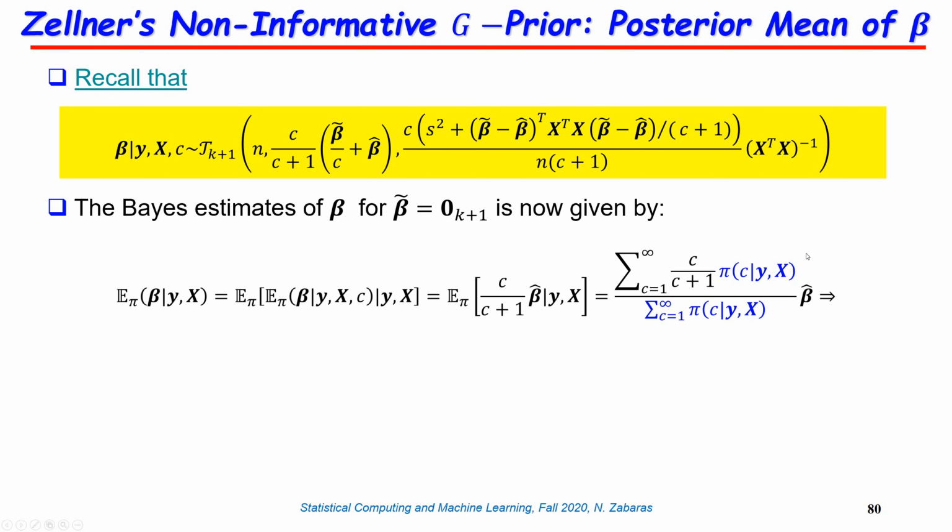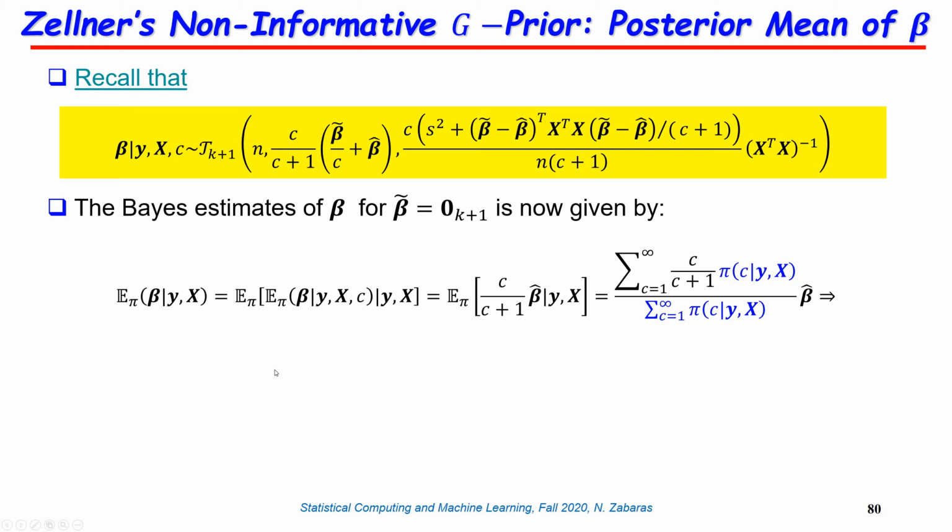And now the question is, can I get the expectation and the variance of the posterior of beta without actually having to do too much calculation? So can I integrate C out without having to do the integration analytically?